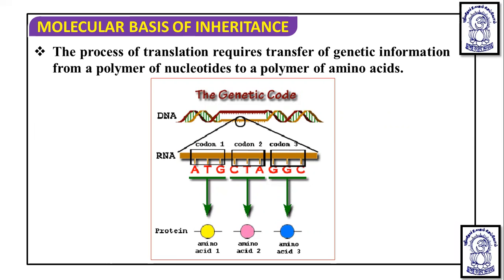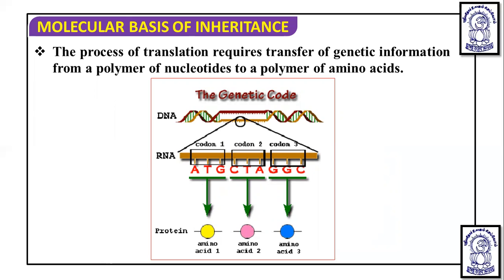Thus, genetic code is the interrelationship between the nucleotide sequence of DNA or mRNA and the amino acid sequence in a polypeptide. Means the sequence in the DNA will determine the sequence in the RNA, and this sequence in the RNA is going to determine the sequence of the protein or polypeptide.